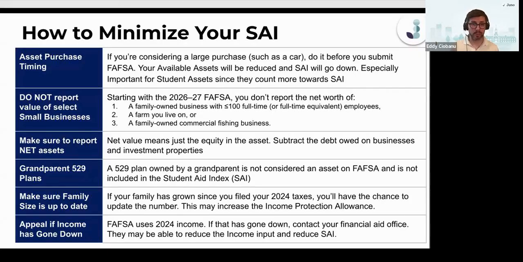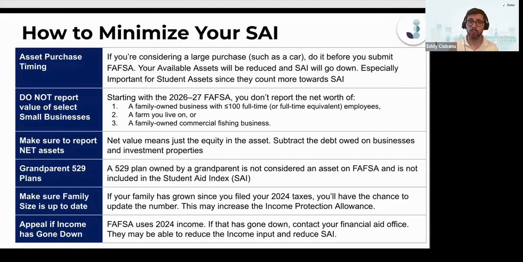Now, I just mentioned that you want to report the net worth of these assets. So if you do own a second home, maybe an investment property, and let's say it's a $300,000 property, and you have a $200,000 mortgage on it. You want to subtract any debt that you owe, and what you're left with then is the net value.